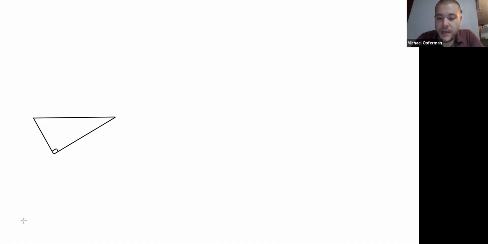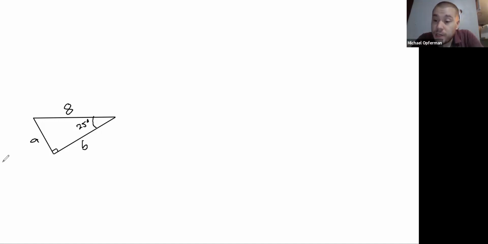Maybe the information you're given in this case is that this angle over here is 25 degrees. And maybe you know that this side is 8 in length. Just forget units, we'll just say it's 8. How do you figure out what is this side over here, say call it A, and what is this side over here, say call it B?